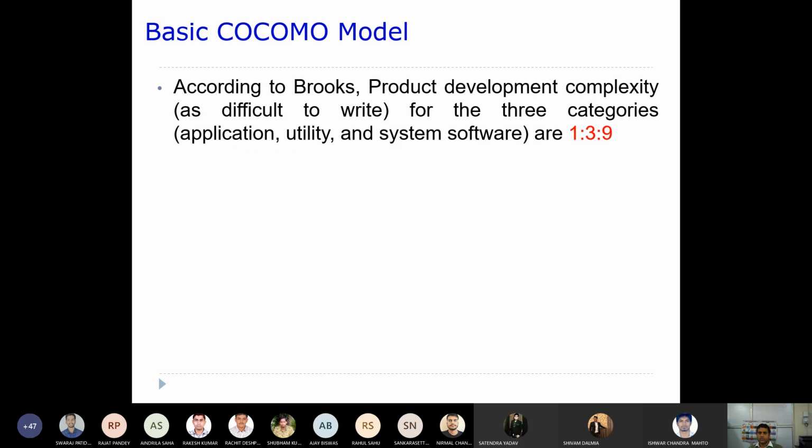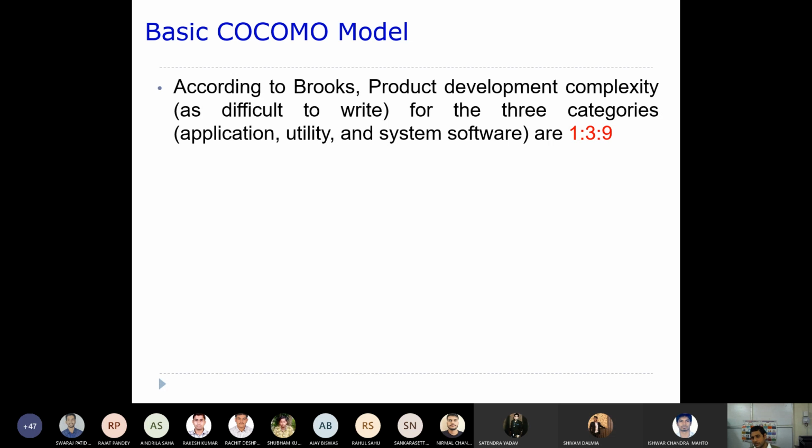So according to Brooks, product development complexity is how difficult it is to write the product or the program.